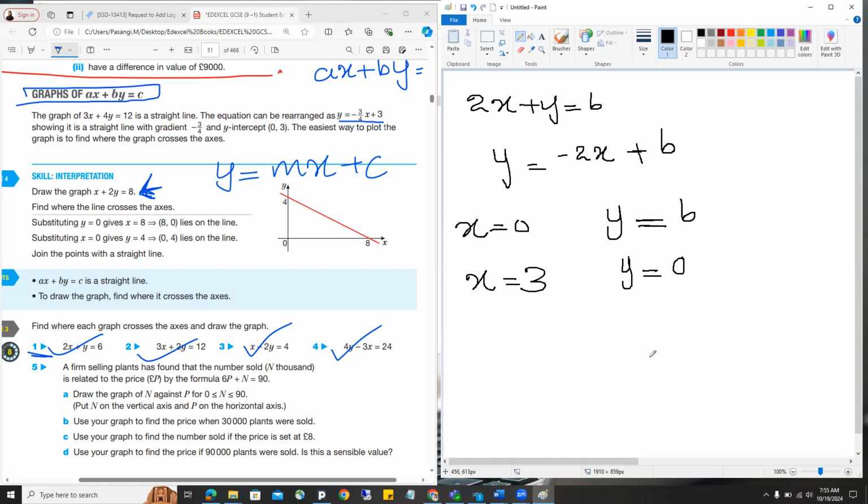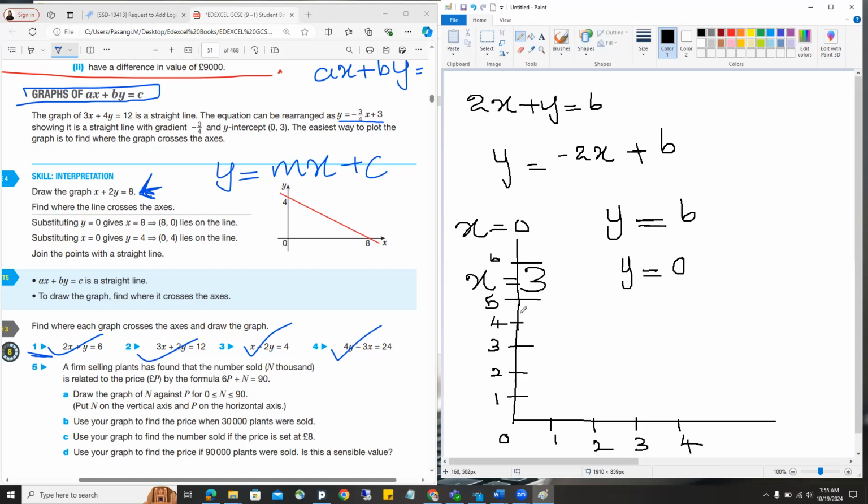So, did you draw the graph? Yes, miss. Okay, so how it happens? Here we have 0, 1, 2, 3, 4. So y value is 1, 2, 3, 4, 5, 6.